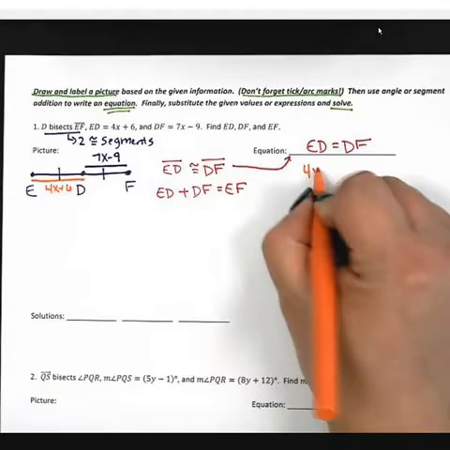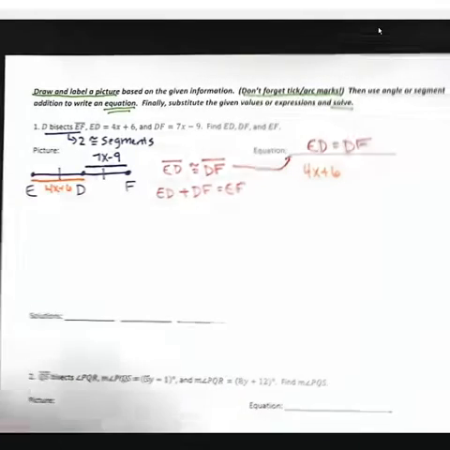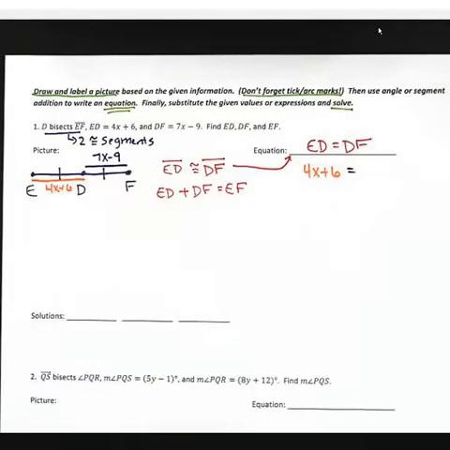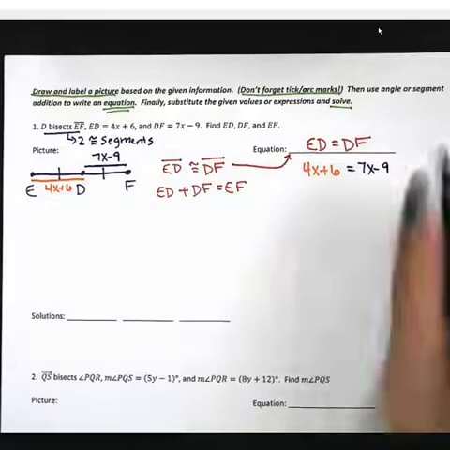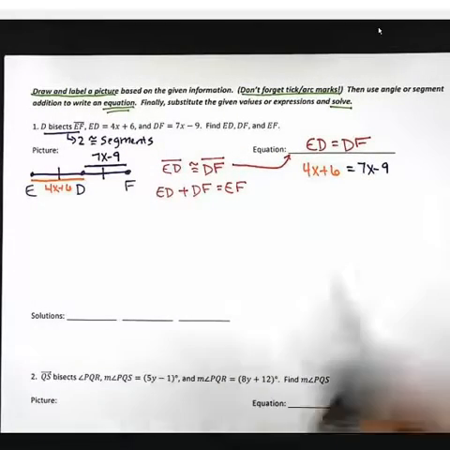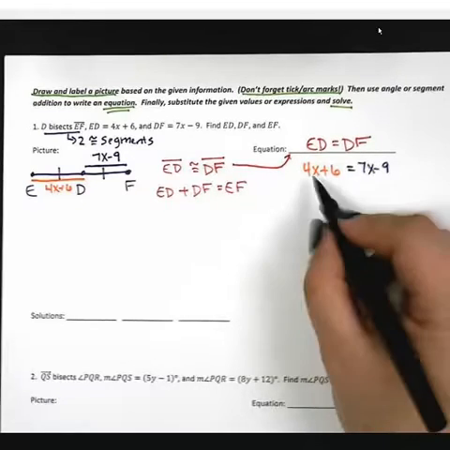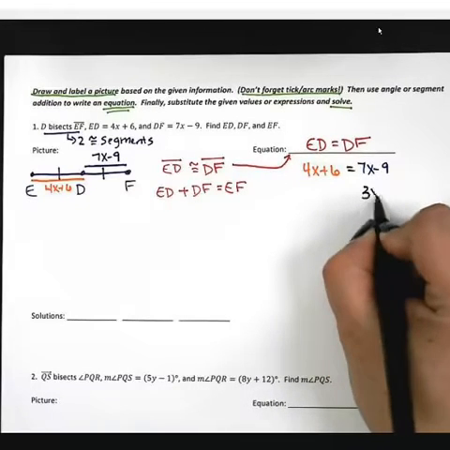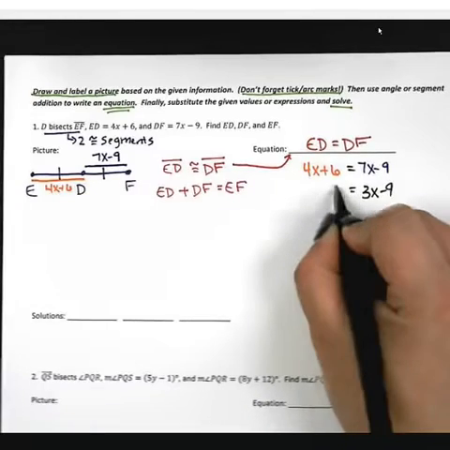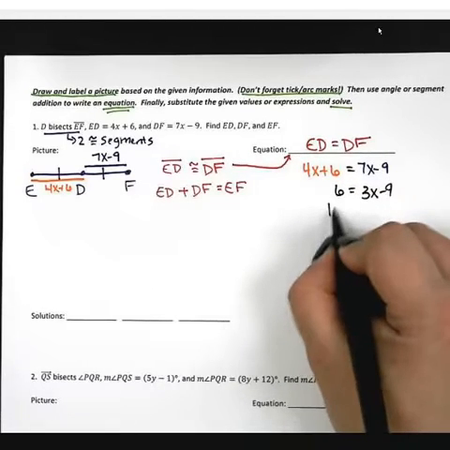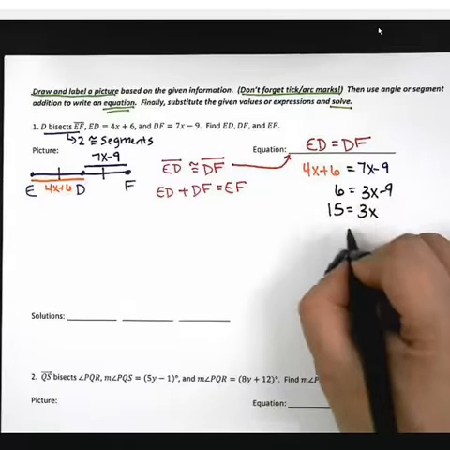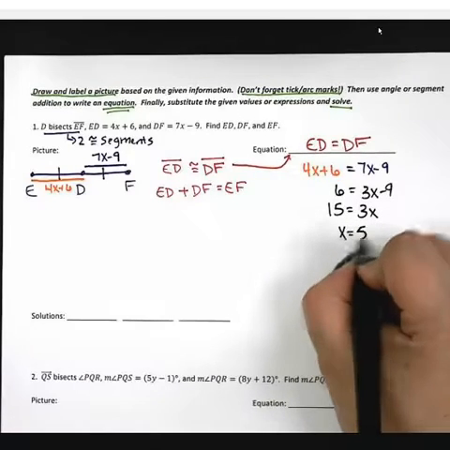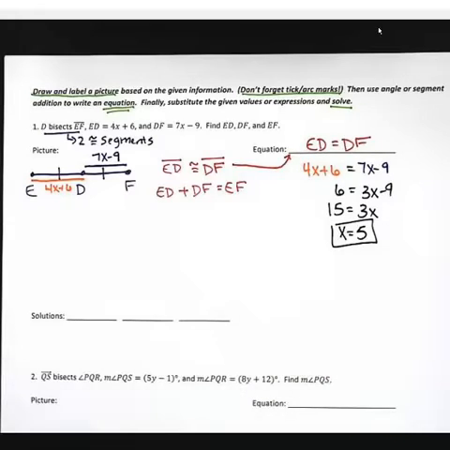So 4x plus 6 is going to equal 7x minus 9. And we can solve for x. We want to get our variables on one side, so I'm going to move the 4x over here to make it 3x minus 9 equals 6. Add my 9 over to make it 15 equals 3x. And then divide by 3 to actually get x equals 5.